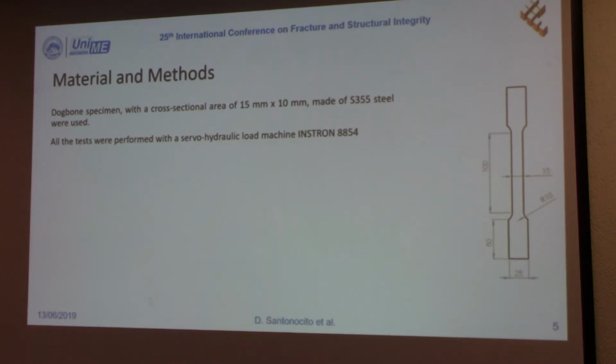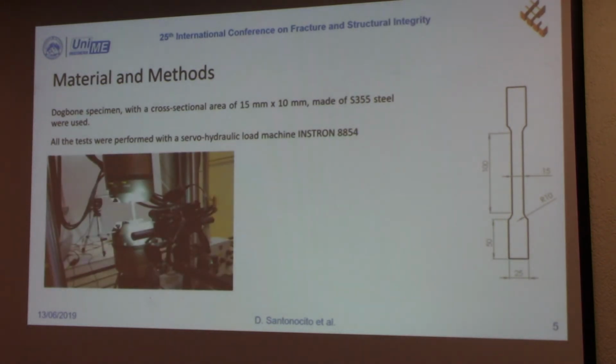It is from a crane for harbor operation. And all the tests were performed with a servo-hydraulic load machine of the Instron 8854 series. And during the test, an IR camera and a DIC system with a sample rate of 1 Hz were used.